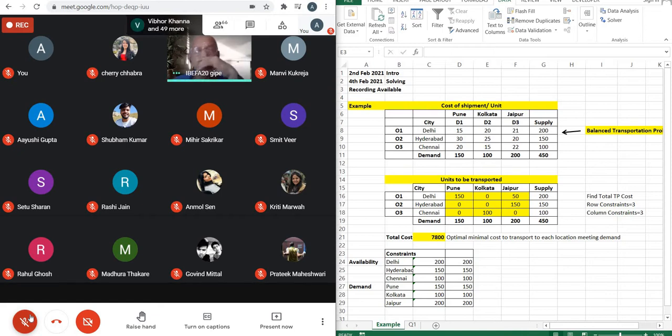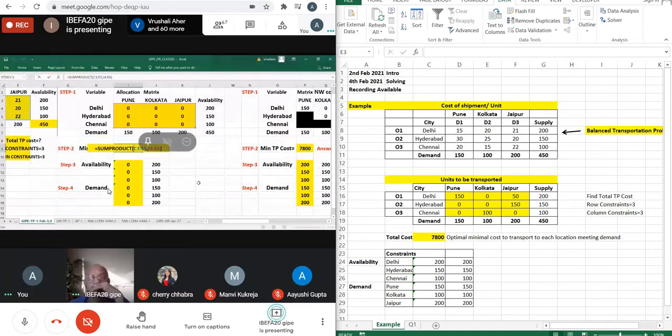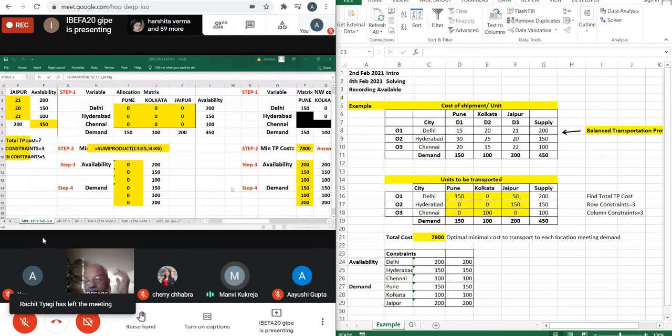Now it's visible. Your meeting screen is perfect. Only thing is you are zoomed into Excel a bit too much. So you need to zoom out of Excel only, sir. The way you're sharing your screen is perfect. The part where it is written 100% on the right bottom side, if you can put it to 90 or 80%, that will be fine. Okay. Wait a minute.